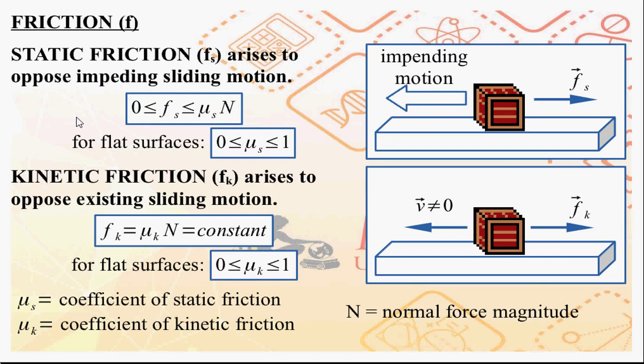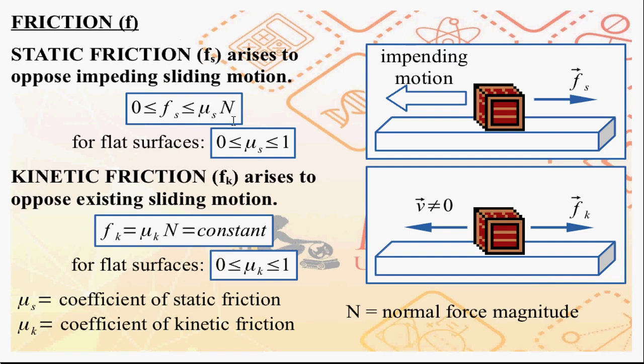As far as this topic is concerned, as far as our course is concerned, when we say friction, we are talking about sliding friction, friction that opposes sliding motion. Again, friction, small f, vector small f, is sliding friction, friction that opposes sliding motion.